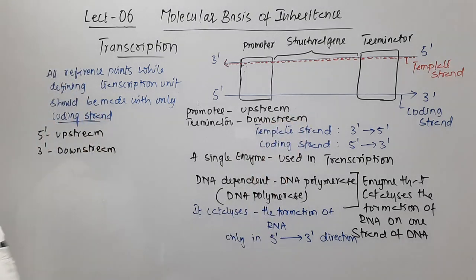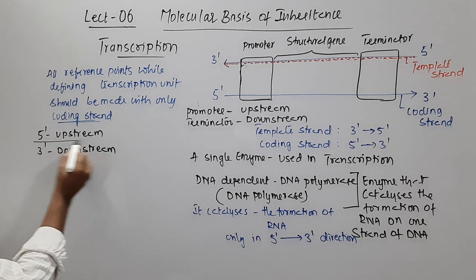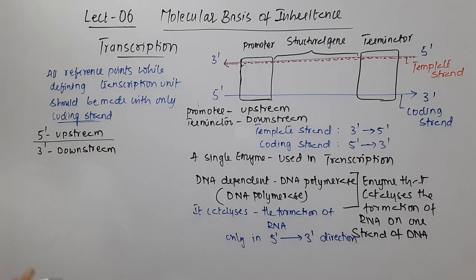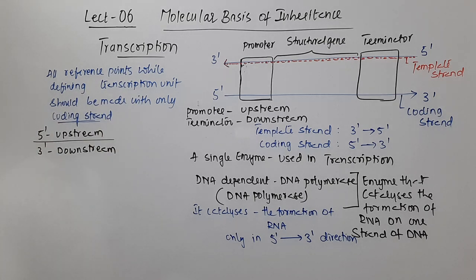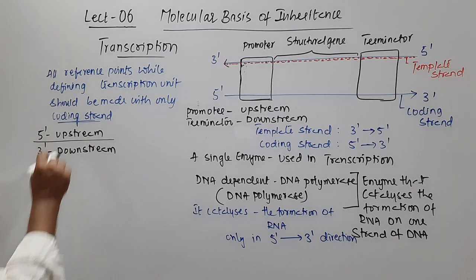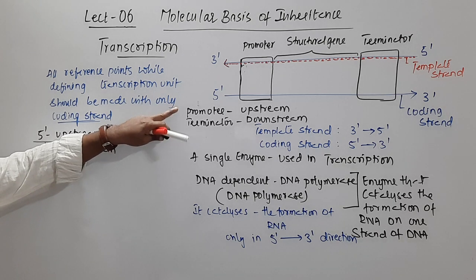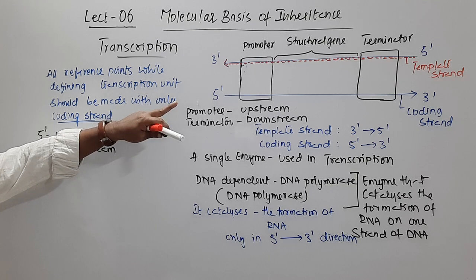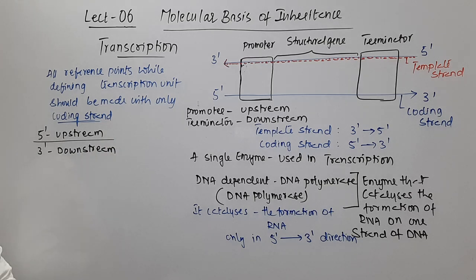So the 5' is always upstream and the 3' is downstream, and while referring to a transcriptional unit, you should use the coding strand as a reference point. So we understood that the promoter is present upstream and the terminator is present downstream.